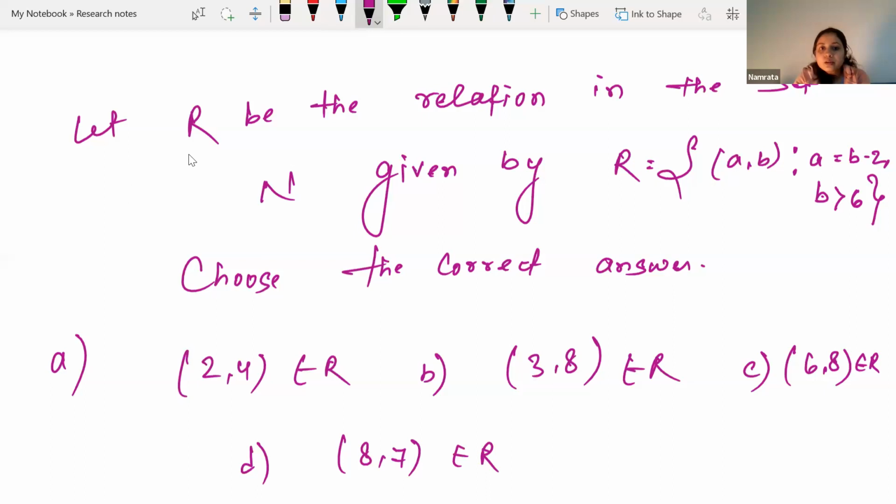So there is a relation R defined on the set N, that is natural numbers, given by the condition that R consists of all ordered pairs (A, B) such that A is equal to B minus 2 and also B has to be greater than 6. Which option is the correct option?